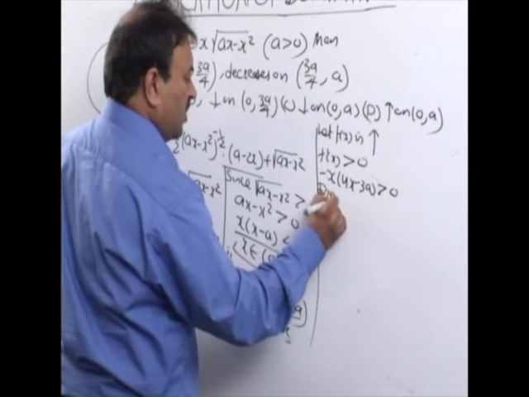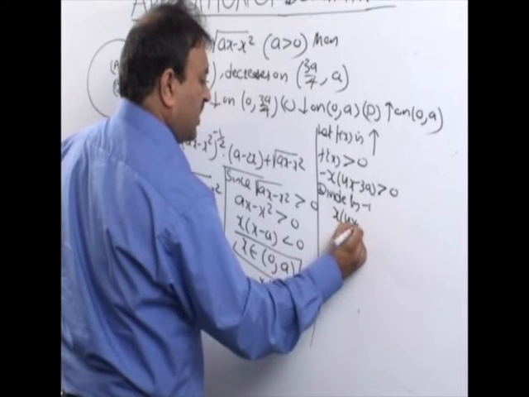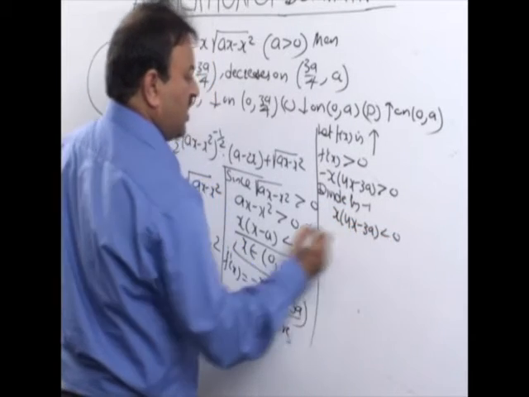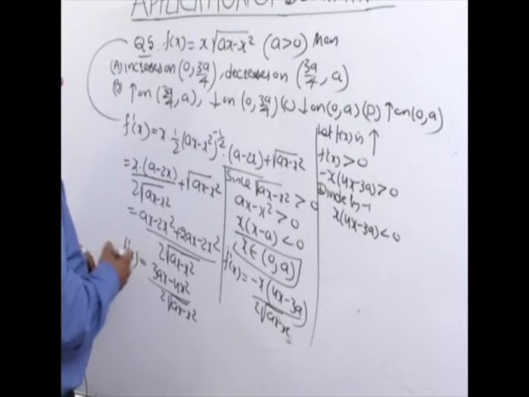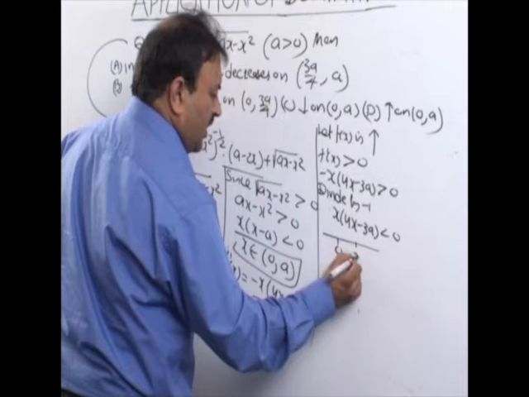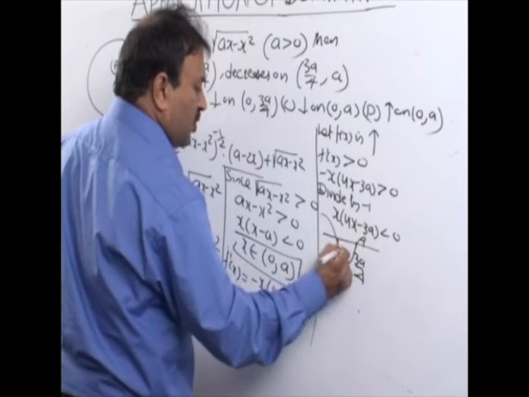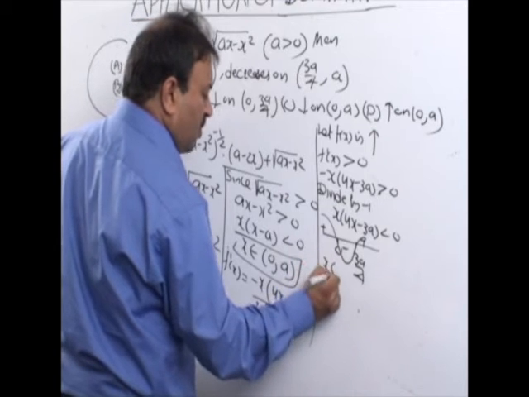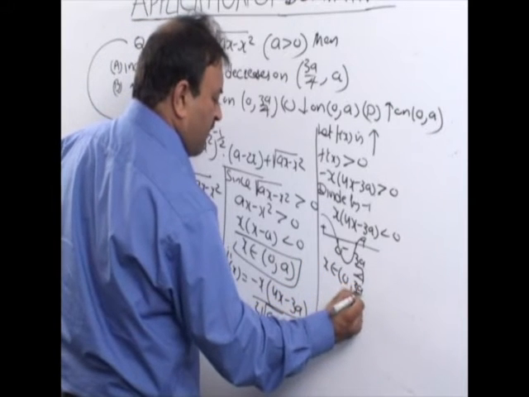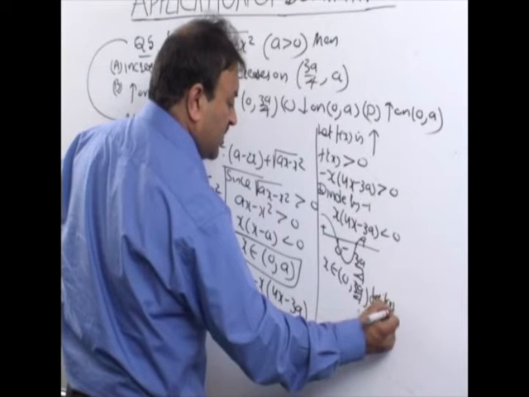Divide by minus 1: x into 4x minus 3a less than 0. Now it means x, the roots are 0 and 3a by 4. We draw a wavy curve method: positive, negative, positive. X belongs to 0 comma 3a by 4 for f(x) is increasing.